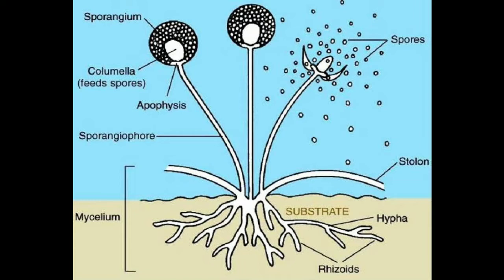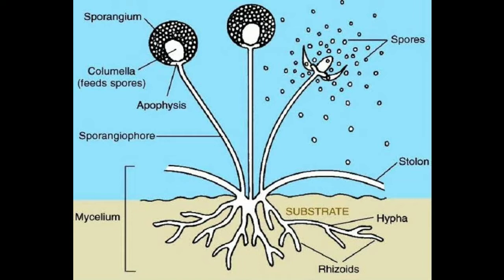The hyphae are unbranched, as we can see here. So this is how all the fungi of the class Phycomycetes will look under a microscopic view. I hope that you have got a little idea about the class Phycomycetes.